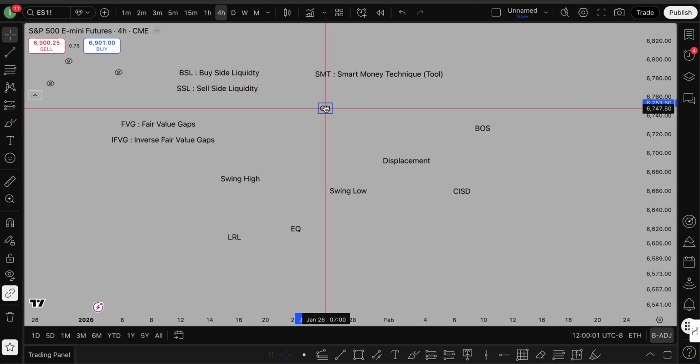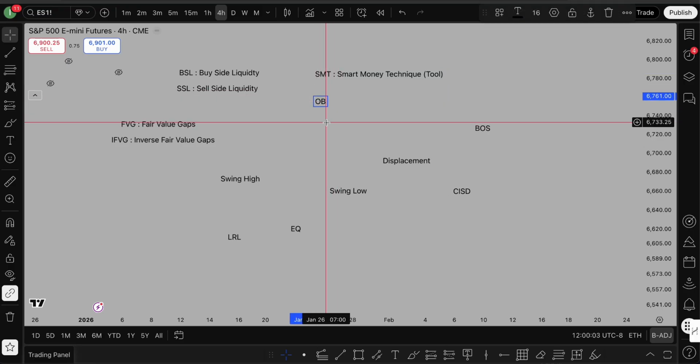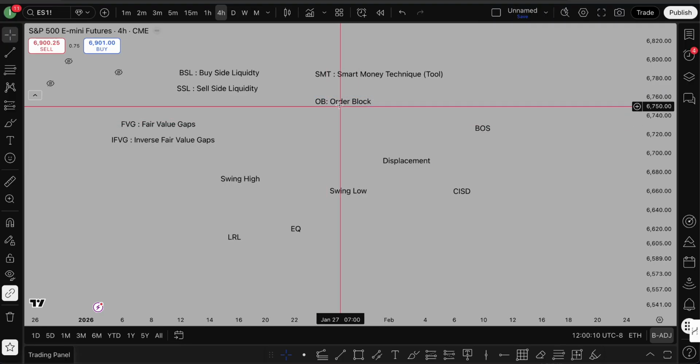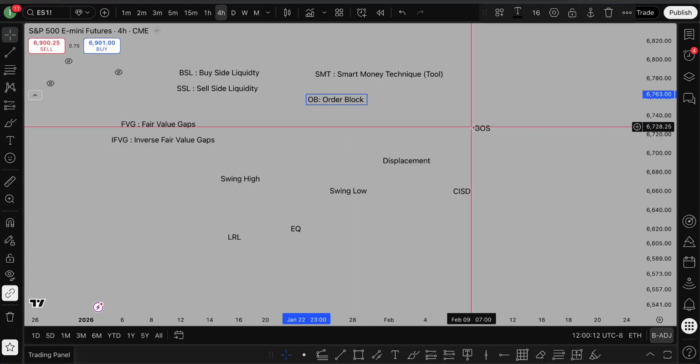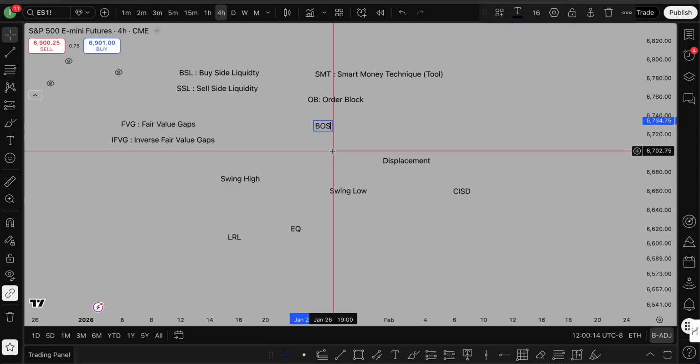OB just stands for order block. Sometimes you will hear bearish or bullish order block, but order block all the same. If you see BOS, this stands for a break of structure.